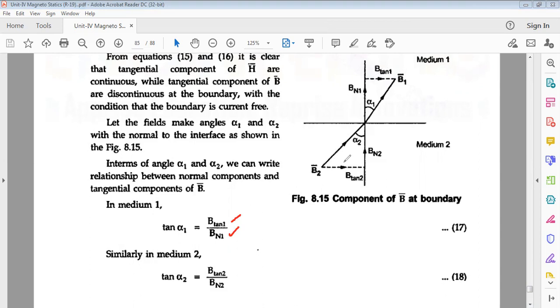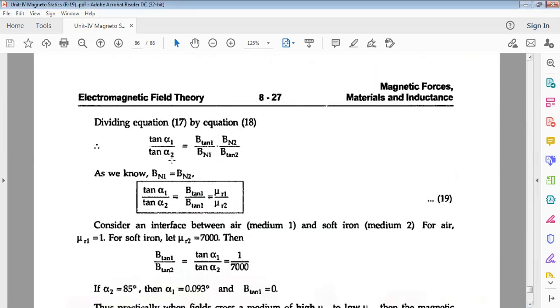Similarly, in medium 2 with an angle alpha 2, again you can take one right angle triangle. Opposite side is B tan 2 and adjacent side is Bn2, because it is medium 2. Got it, my dear students? So simplify the ratio of tan alpha 1 and tan alpha 2: it is B tan 1 by Bn1 times Bn2 by B tan 2.